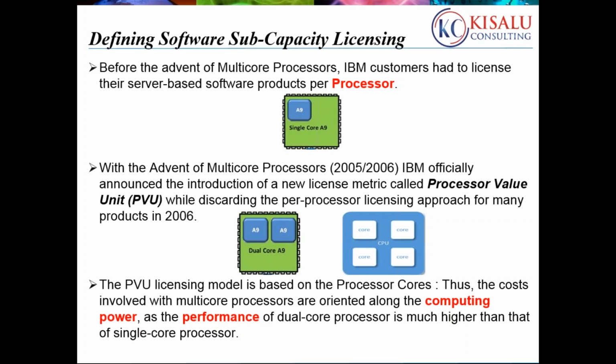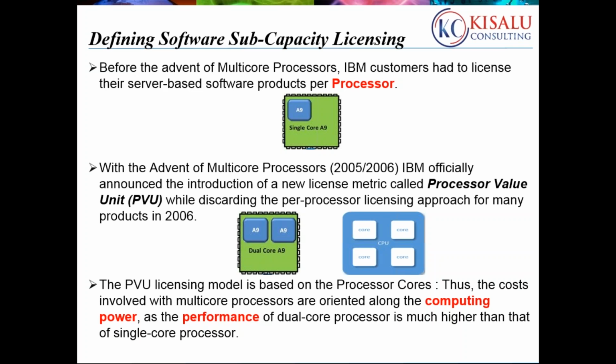Before the advent of multi-core processors, IBM customers were licensed based on the relationship between the server, which is the processor, and the product. So we only had that relationship. If you can see on the first bullet, each single core was awarded a certain amount of money, and that's what you paid for the software.